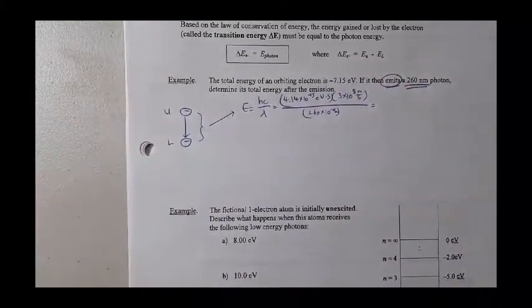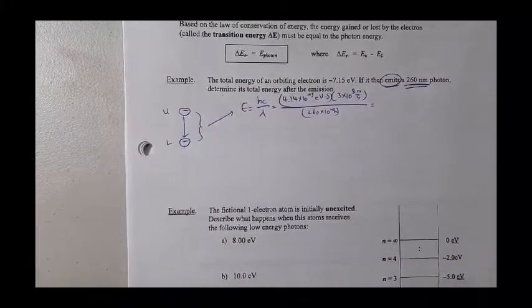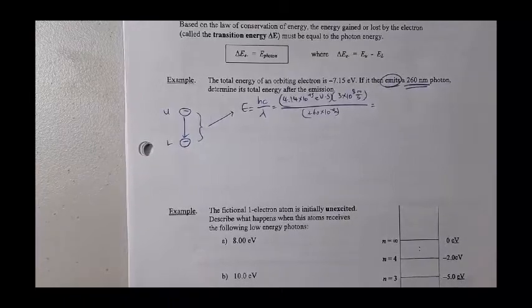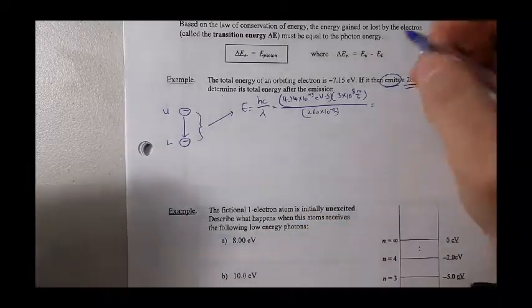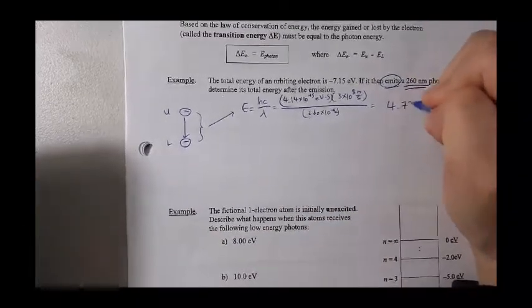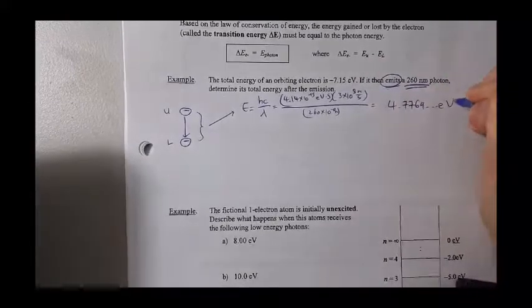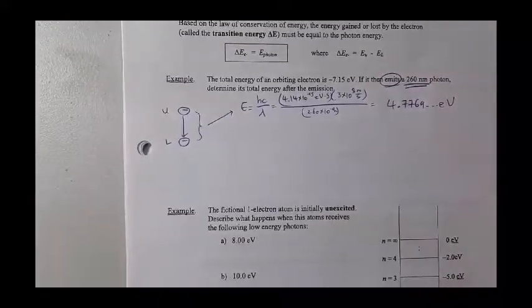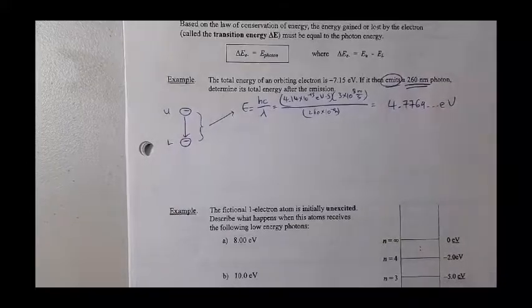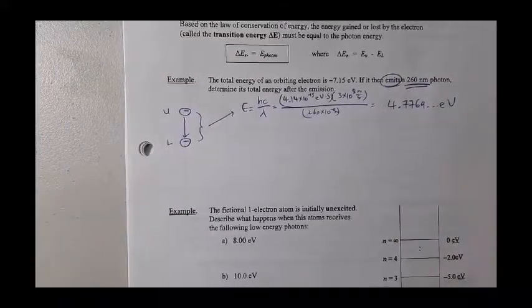There you go. 4.14 × 10^-15 times 3 × 10^8 divided by 260 × 10^-9 gives me about 4.7769 electronvolts. And if you think about it, that is how much energy you need to lose.